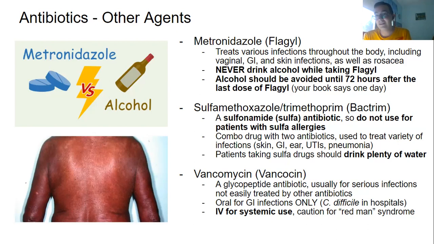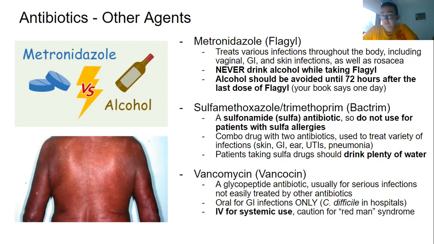You will not feel any of the effects of alcohol, and you will immediately be the sickest you've been in your life, vomiting, flatulating, going to the bathroom, worst feeling ever, because the metronidazole interacts with the alcohol and causes some very, very nasty side effects. So never drink alcohol while taking metronidazole.